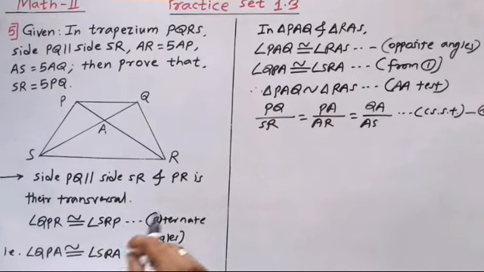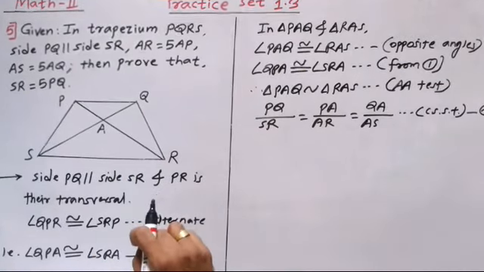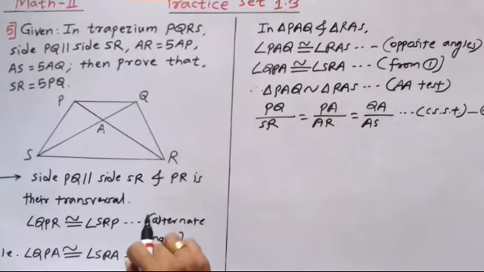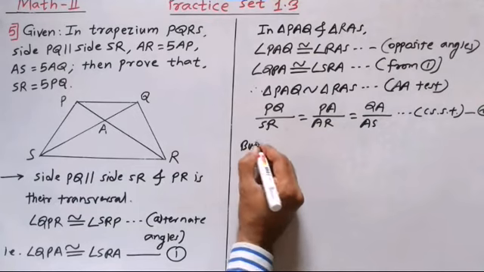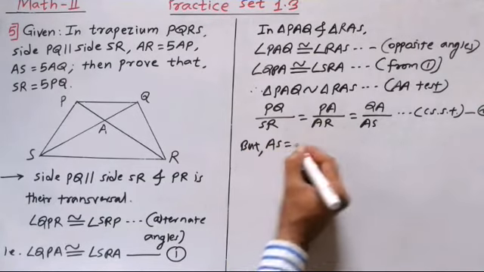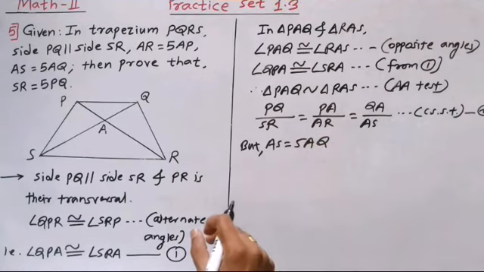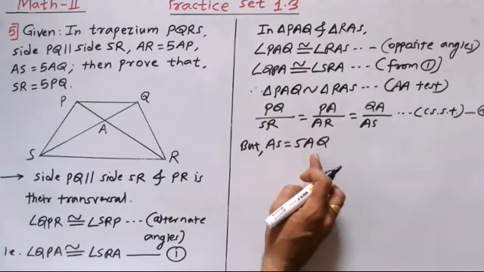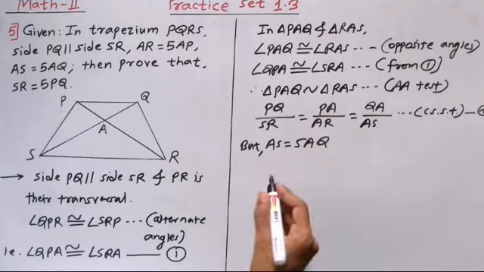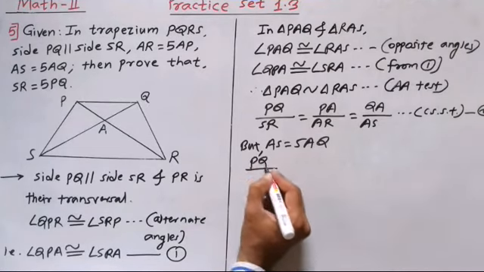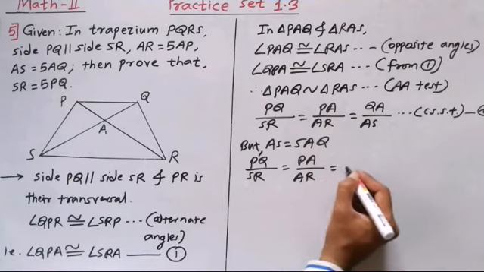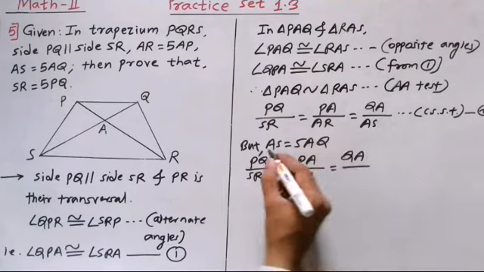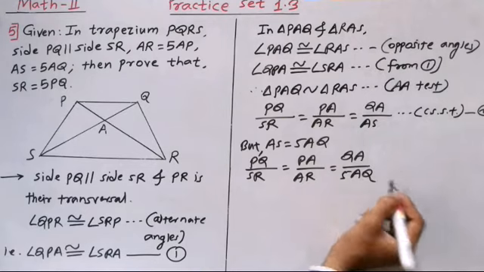Now we can use the information from the question. AR is equal to 5AP or AS is equal to 5AQ. You can use any one of these two pieces of information. So let us write here, AS is equal to 5AQ. Now if we put this value of AS in equation number 2, PQ upon SR is equal to PA upon AR is equal to QA upon 5AQ.